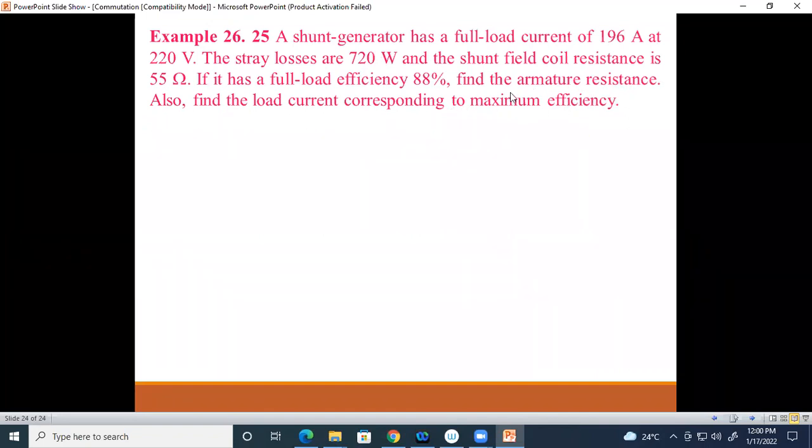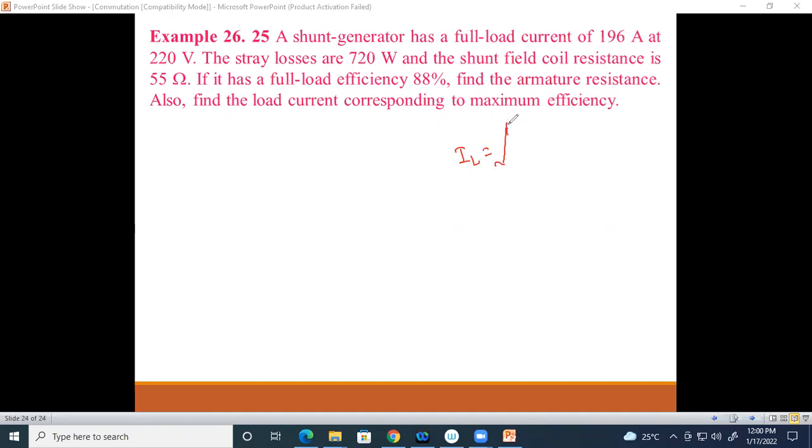Maximum efficiency, we have already studied the condition for getting maximum efficiency, and we derived a formula for IL. IL is equal to what? The load current at which maximum efficiency will occur.